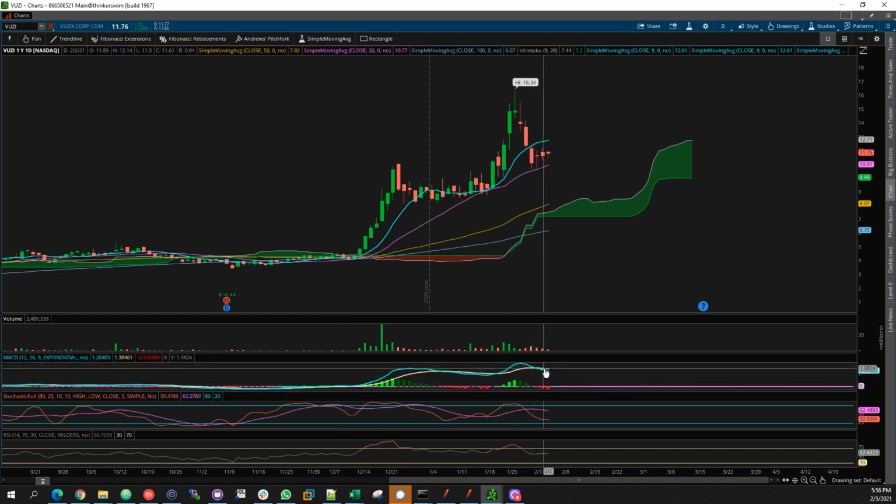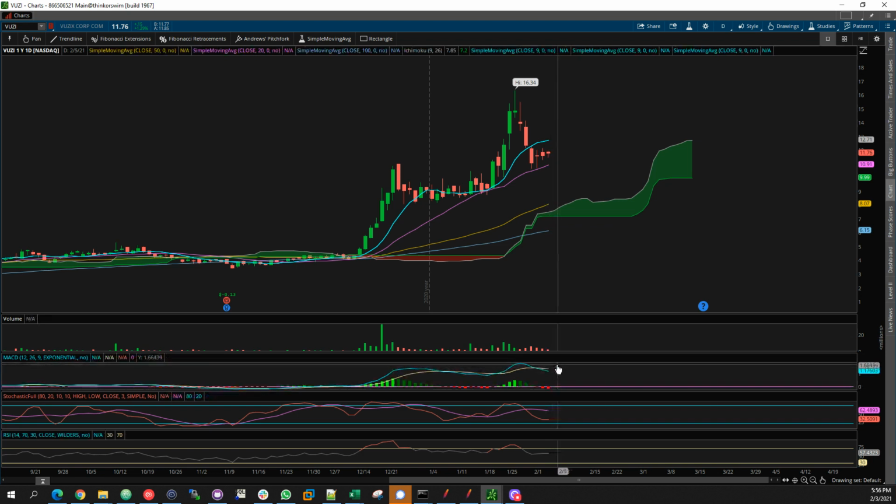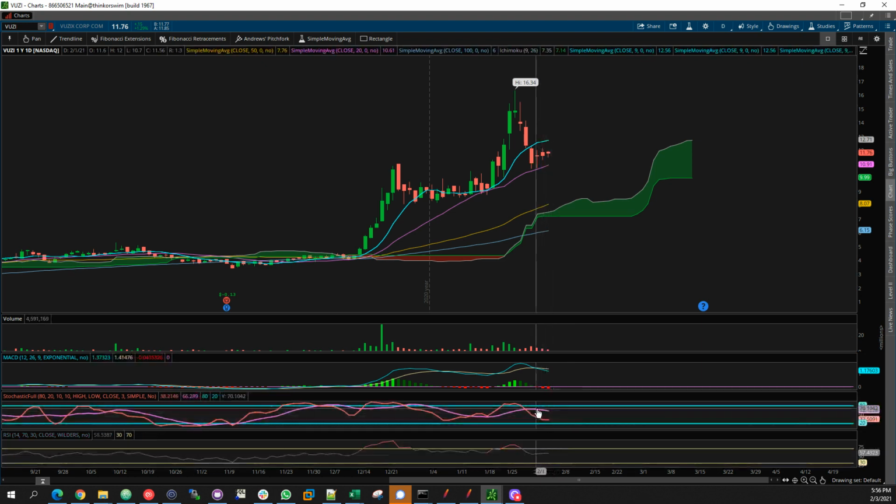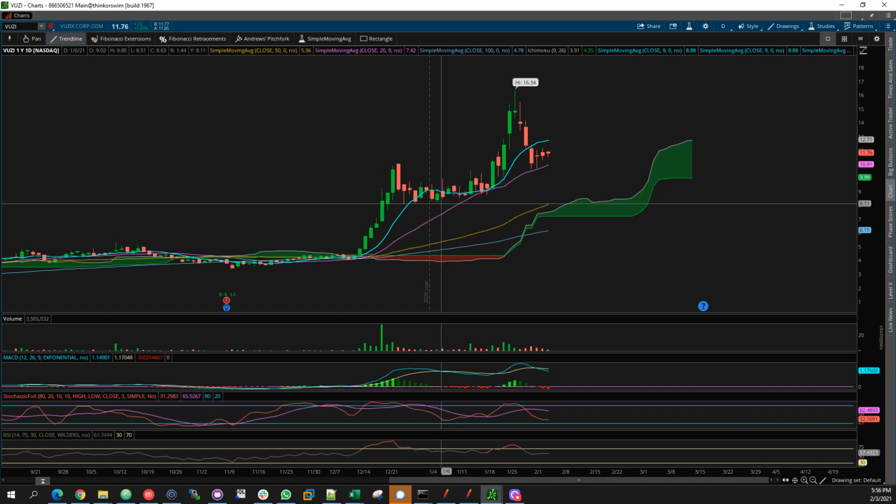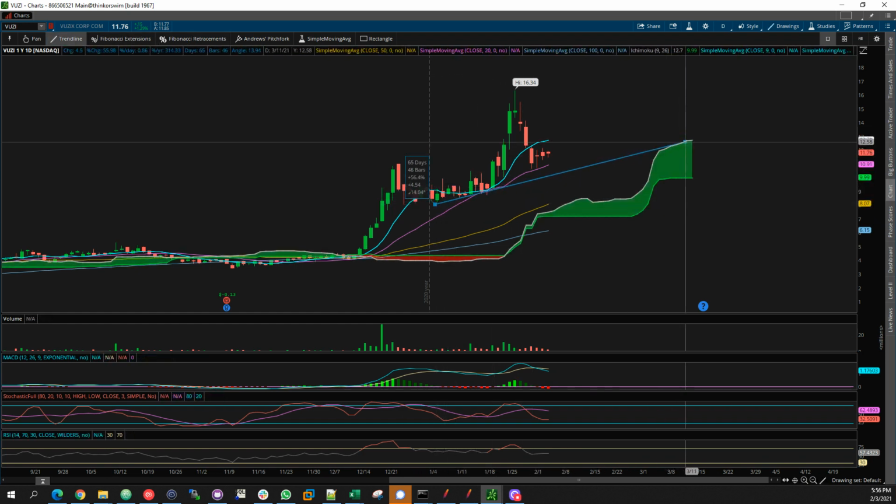So when the MACD is in overbought territory, and I don't see the RSI staying that way, or the stochastics is in the middle, I can't tell you that, your profits might be lower.